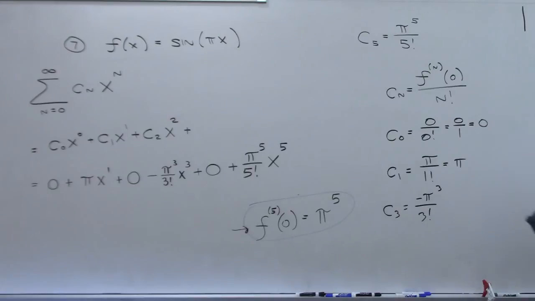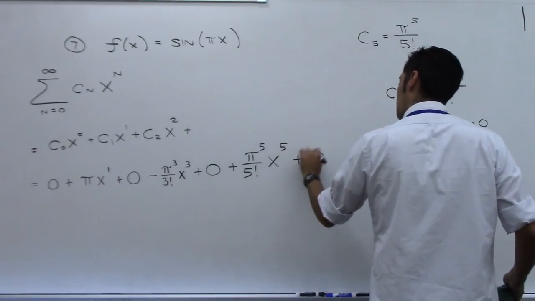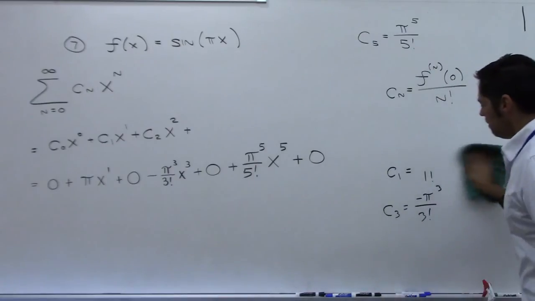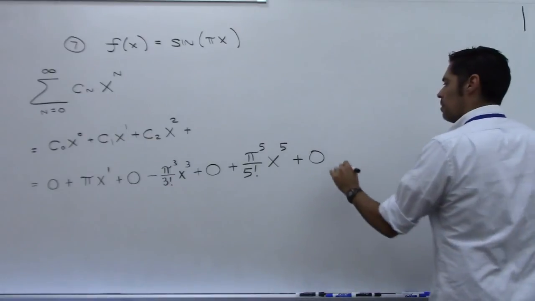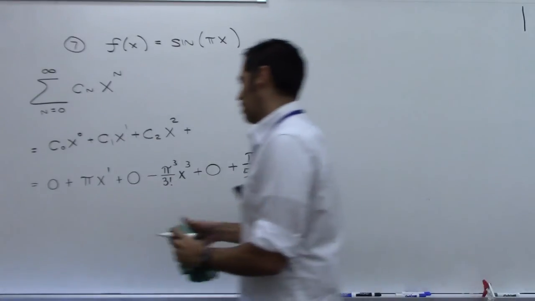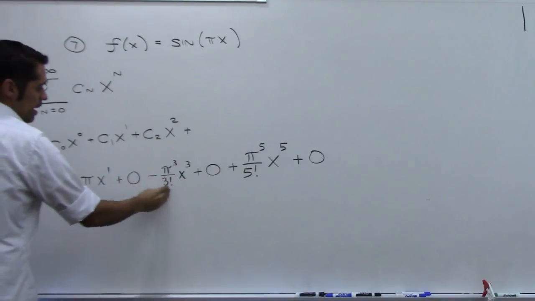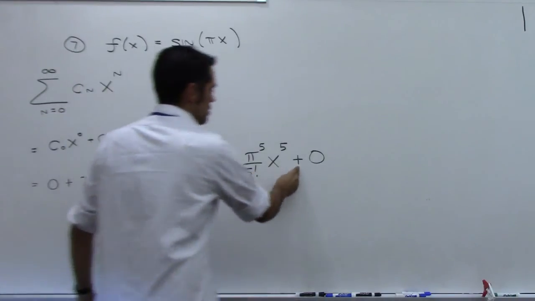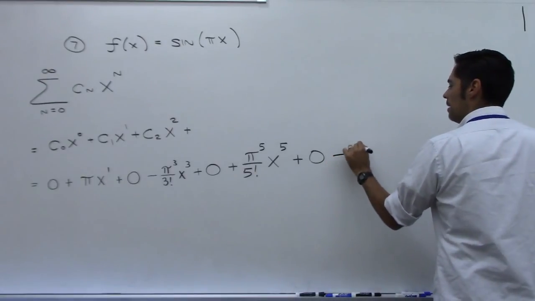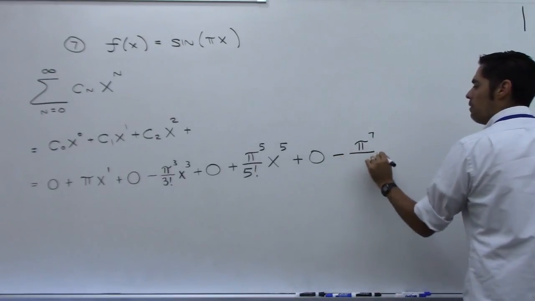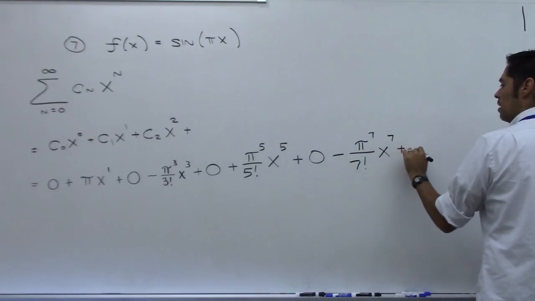And what do we think the next one's going to be? For 6, it should be 0. And then we're at the 7th one. It's going to alternate. We're going 0 and then positive, 0, negative, 0, positive, 0, negative. So I should have negative pi to the 7th over 7 factorial x to the 7th plus dot dot dot.